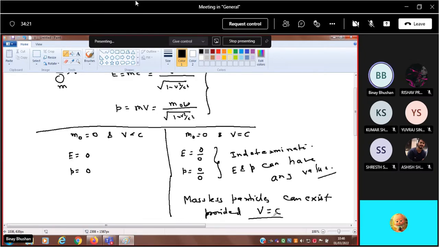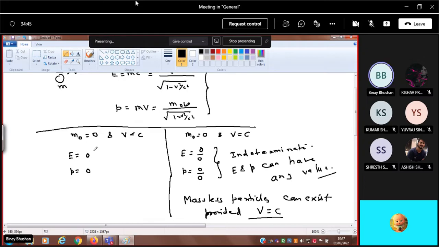Right? Massless particles can exist, but according to this expression, if the particle is moving with a speed less than the speed of light in free space, then that massless particle will have zero energy and zero momentum.